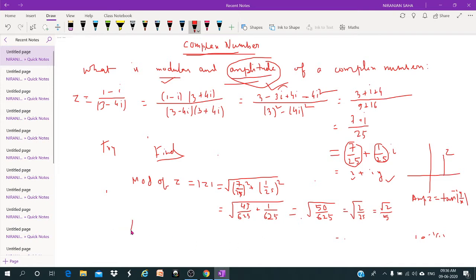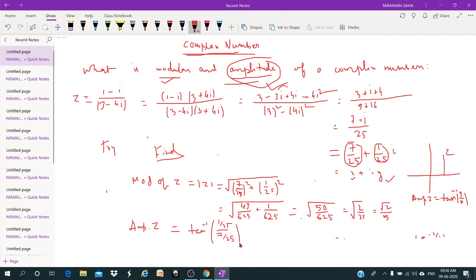So the amplitude of z is equal to tan inverse, y is 1 upon 25 and x is 7 upon 25.